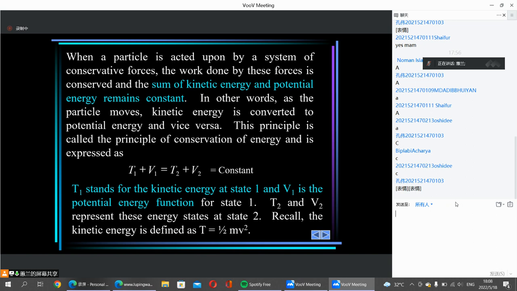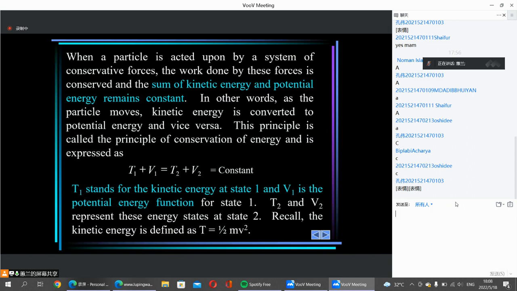For the conservation of energy, you can use this one. Also, you can use the work and energy equation. It will result in the same answer. You can just use T1, the initial kinetic energy, plus the work done by the gravity force and the spring force, which will equal the kinetic energy at position 2.